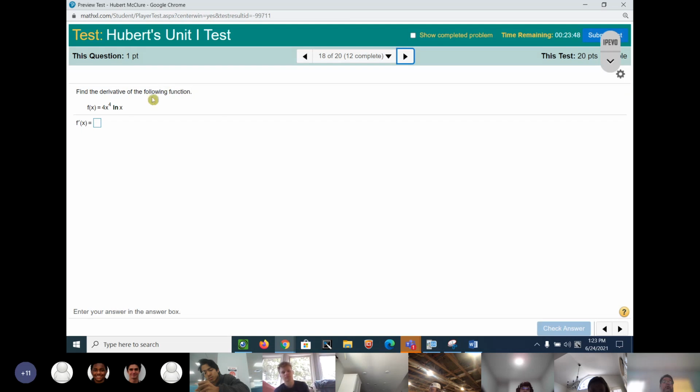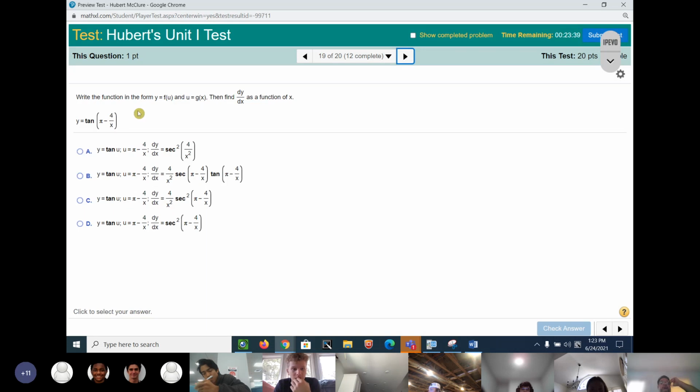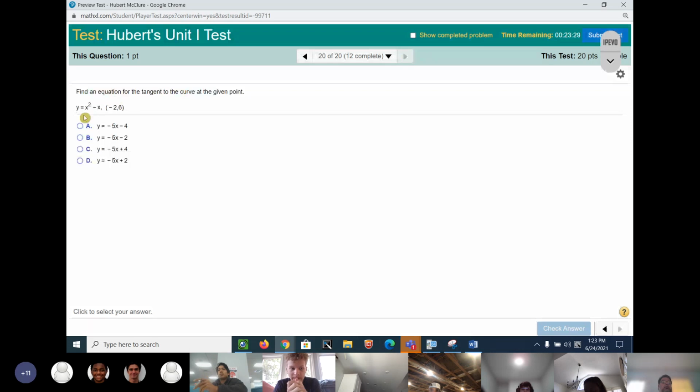This one, 4x to the 4th, that's the product rule times natural log of x. And this is the tangent. That would be secant squared. And that's y prime, that's one of those easy ones. 2x minus 1, and then you find the slope, and then you find the equation.